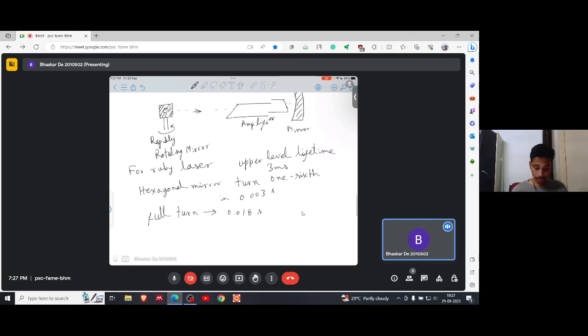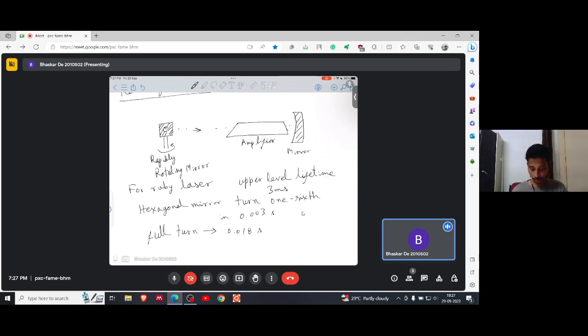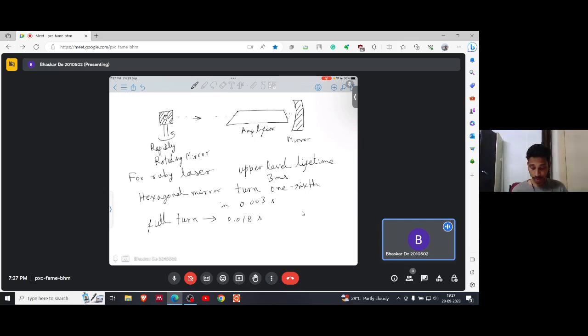So basically the rotation speed of this mirror is determined by the upper level lifetime of the gain medium.